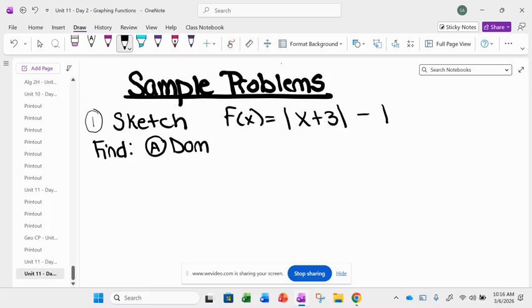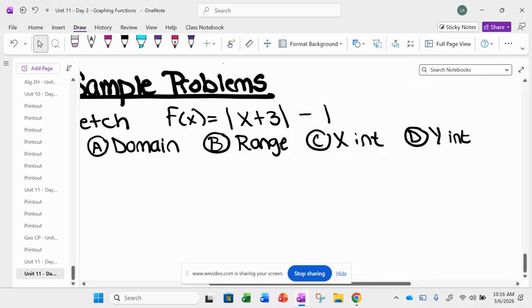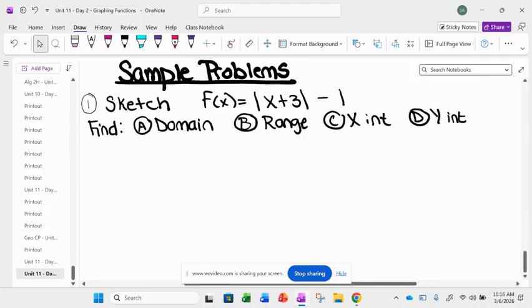domain, range, x-intercept, and y-intercept. I'll let you copy that all down.